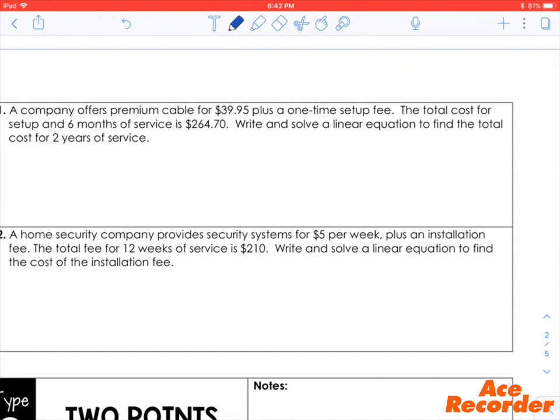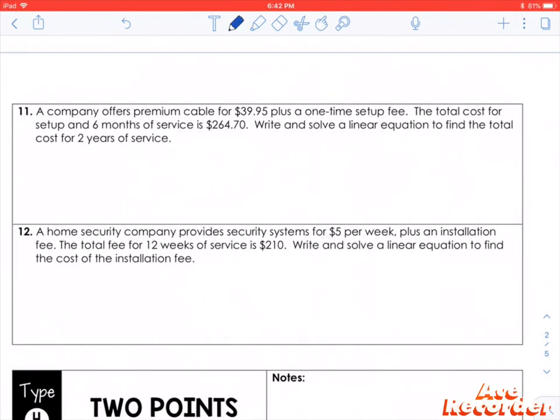So number 11, it says a company offers premium cable for $39.95 plus a one-time setup fee. The total cost for a setup and 6 months of service is $264.70. Write and solve an equation to find the total for 2 years of service.